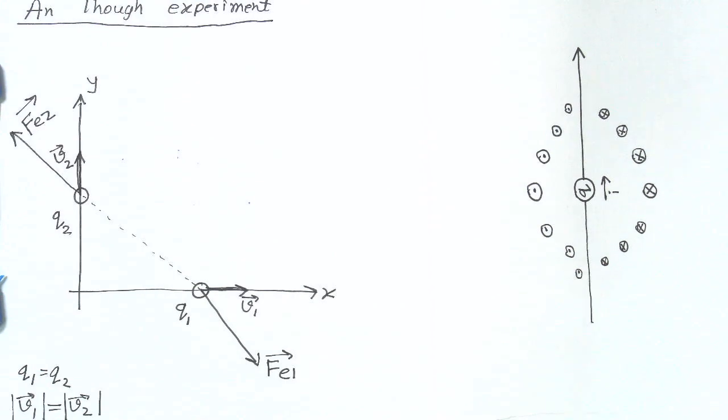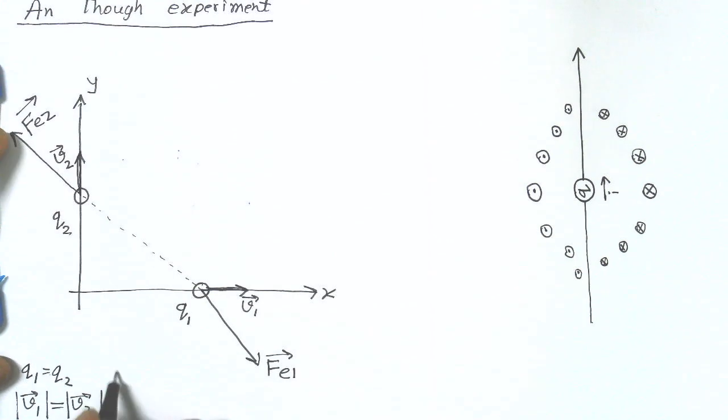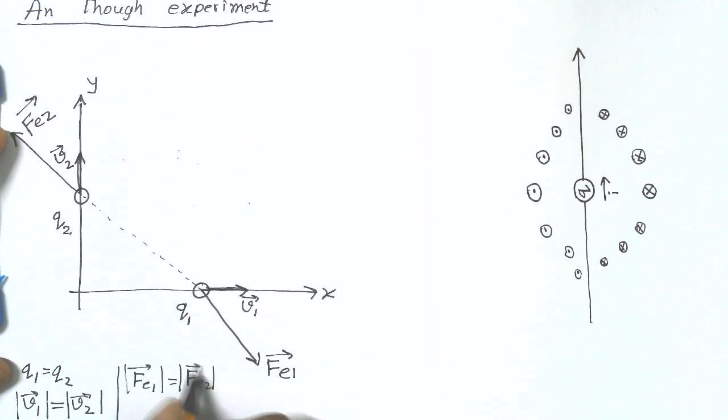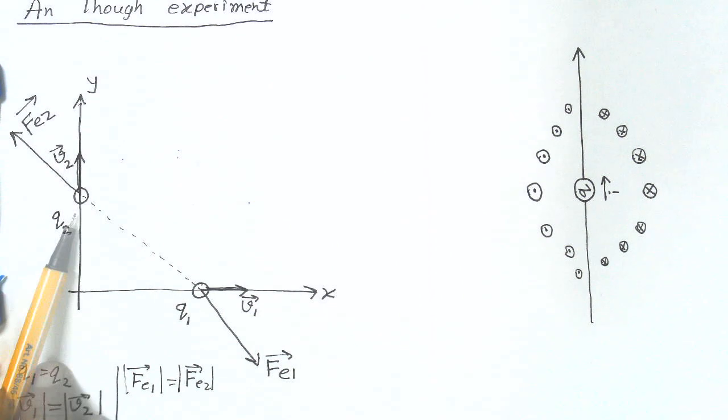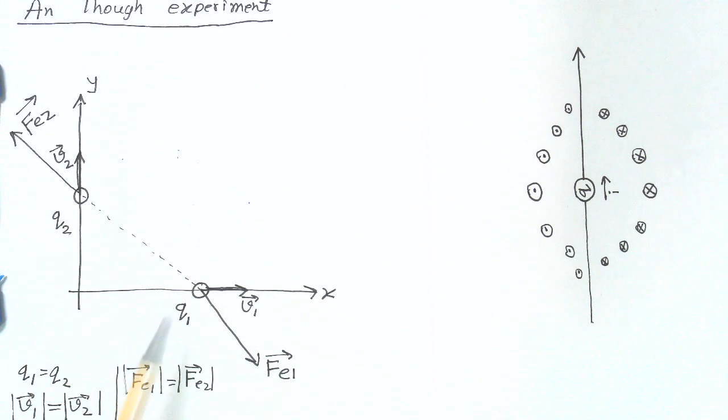But of course, the magnitude of Fe1 will be the same as the magnitude of Fe2, because that's what Coulomb's law says. These two charged particles will repel each other with the same force, equal in magnitude but opposite in direction.